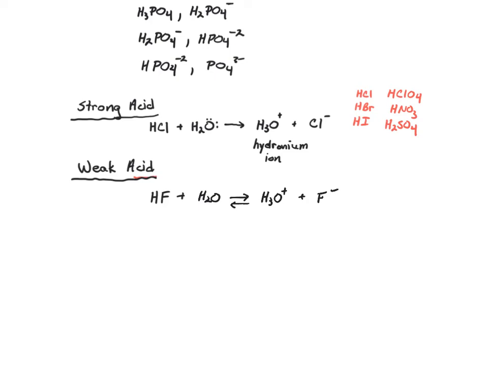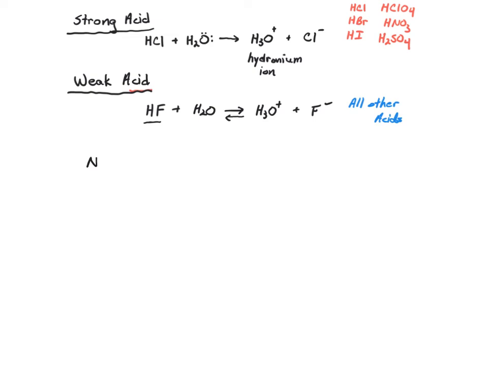Okay, so at any given time, once you have added the HF to the water, there's going to be some HF still laying around. Okay, and that's what makes it a weak acid. So we have the 6 strong acids, and all other acids are weak. So really all you have to do is memorize the 6 of them, and then anything else would be considered a weak acid.